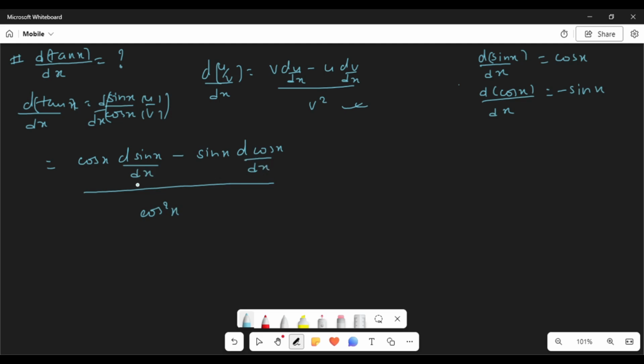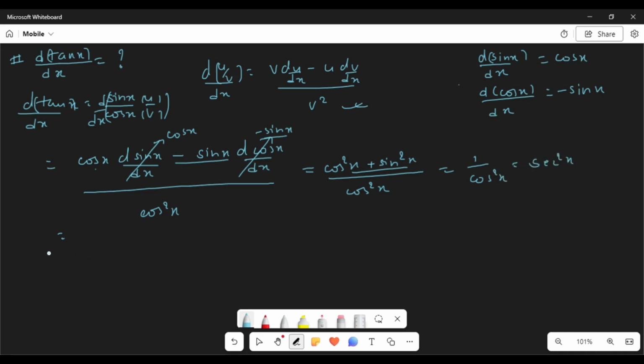Now we know d sin x by dx is cos x, and d cos x by dx is minus sin x. So when you multiply cos x and cos x, it becomes cos square x. Here you have minus sin x times minus, meaning plus sin square x. On the denominator, we have cos square x. This is 1 divided by cos square x, so it is sec square x. Therefore, the derivative of tan x is sec square x.